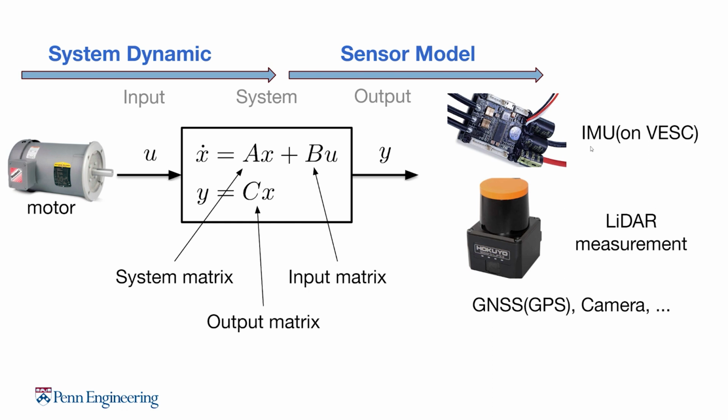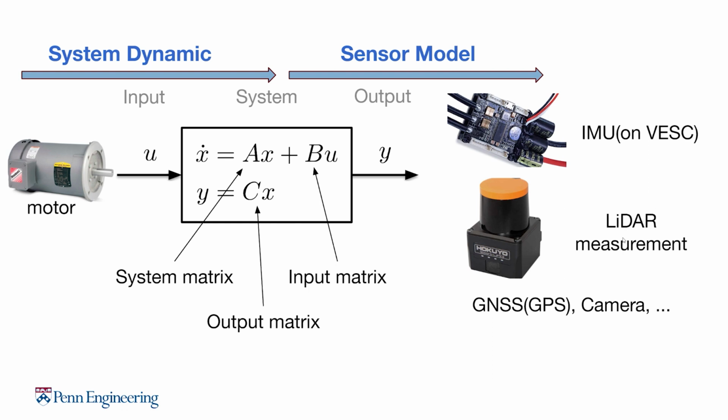One is the IMU, the inertial measurement unit, which comes with the VESC. The IMU can give us a measurement of the speed and accelerations in each axis for the car, but it's not very accurate. We also have our LiDAR, which gives us a range measurement from the car to the obstacles or the tracks in the map.